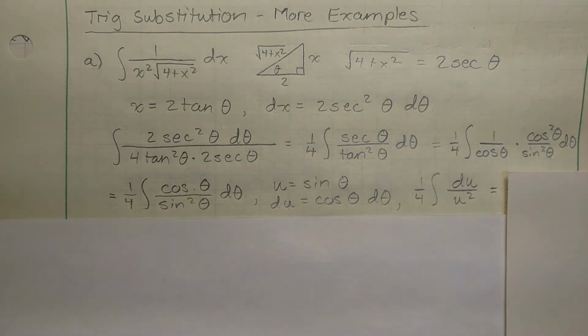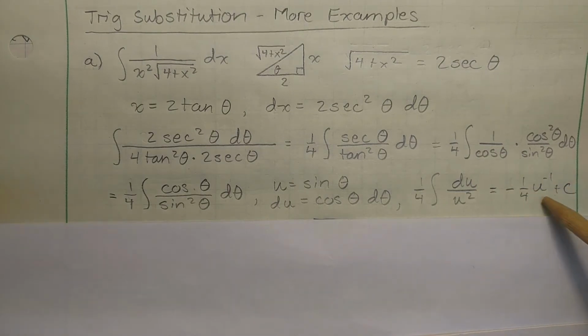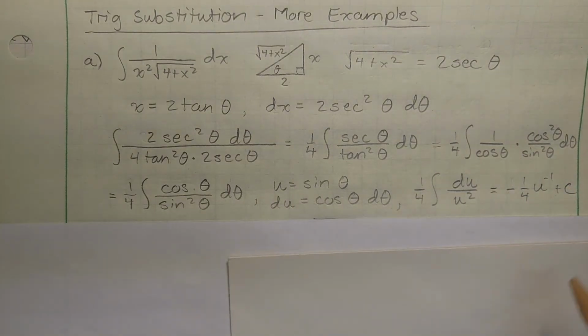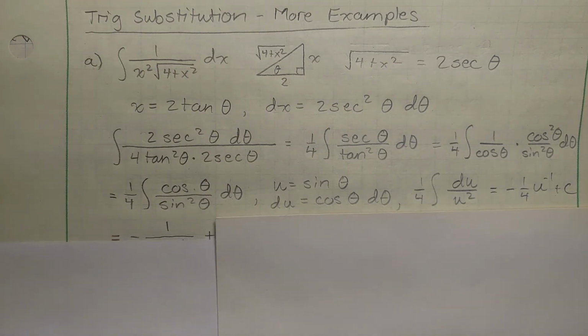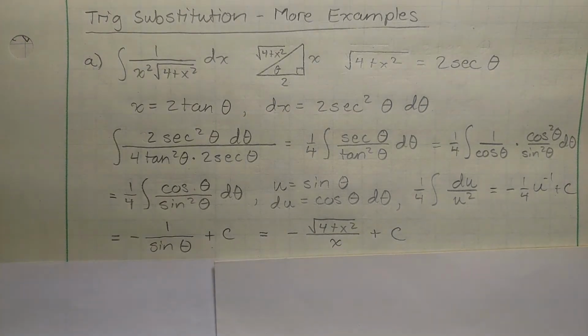Integrating that, I would get negative 1/4 u to the negative 1 plus a constant, and all that does is put the u down in the denominator. So substituting back in for u, I would get negative 1. I accidentally lost my 4 somehow.